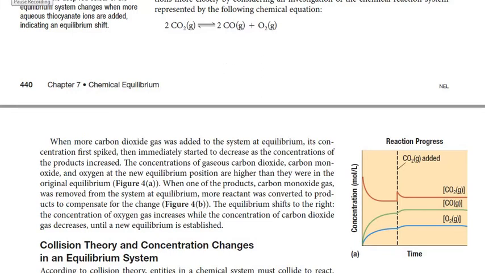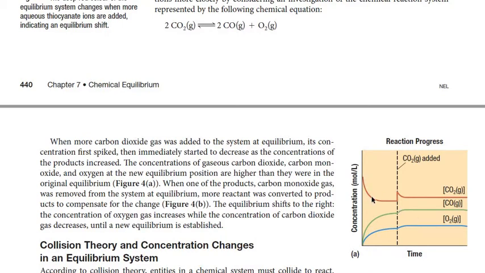When more carbon dioxide gas was added to the system at equilibrium, its concentration first spiked, then immediately started to decrease as the concentration of the product increased. The concentrations of gaseous carbon dioxide, carbon monoxide and oxygen at the new equilibrium position are higher than they were in the original equilibrium.